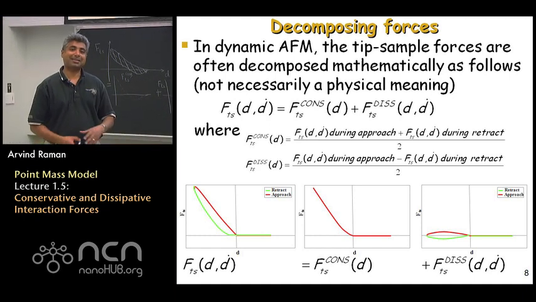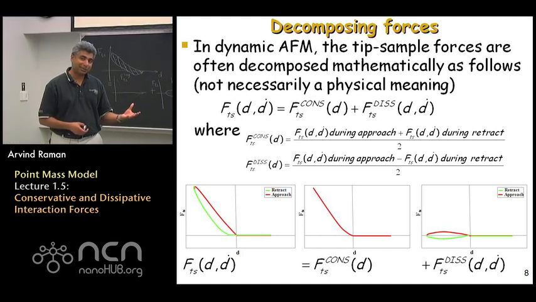Now you may well ask, is there a physical meaning to such a conservative force or to such a dissipative force, which I have come up with here? And the answer is not necessarily. This is a mathematical description that allows us to break the actual measured forces into a part which depends only on the gap D, and another part that is purely dissipative.